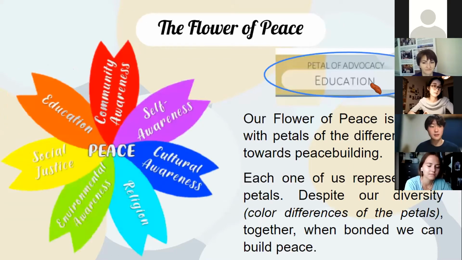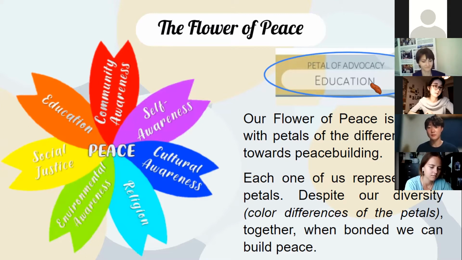So lastly, our group came up with a flower of peace. If you check our account and read our introductions, you will notice that each one of us has a flower of advocacy. These petals represent different pillars that are important for peacebuilding. We have 7 because we are 7 in the group.